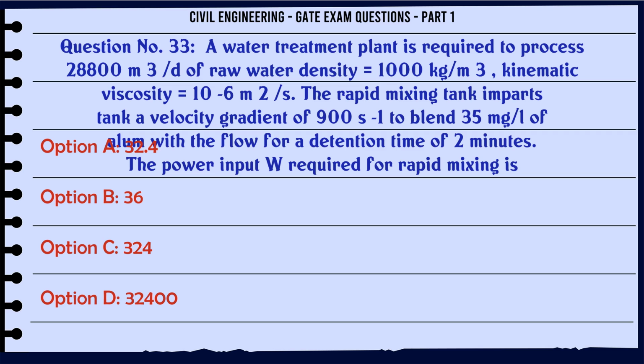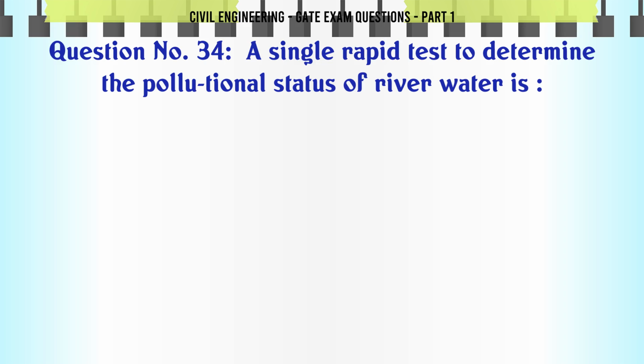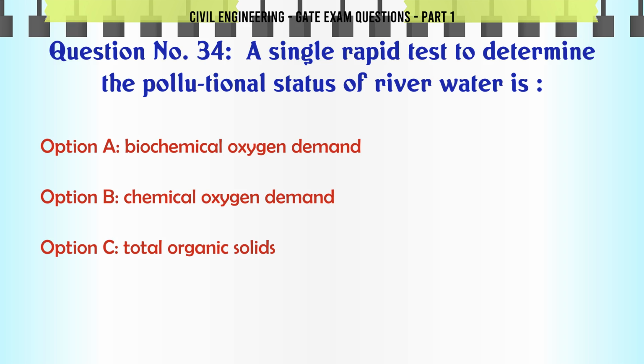The power input W required for rapid mixing is: A, 32.4; B, 36; C, 324; D, 32,400. The correct answer is 32,400.